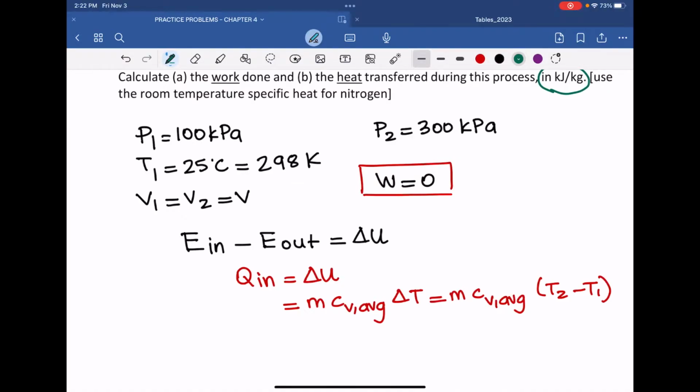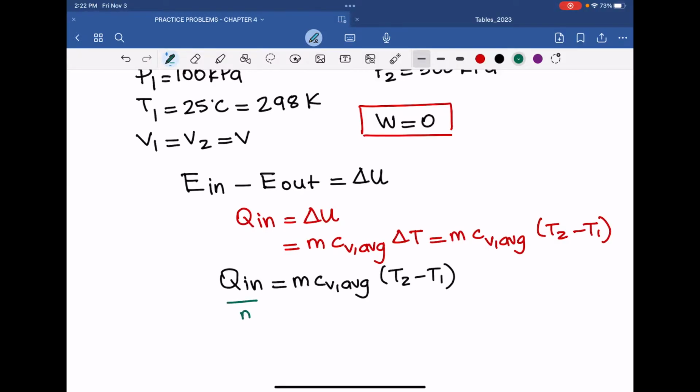Since Q in is equal to mass times CV average times T2 minus T1, if I divide each term by mass, this becomes lowercase q, energy transfer per unit mass, equal to CV average times T2 minus T1.